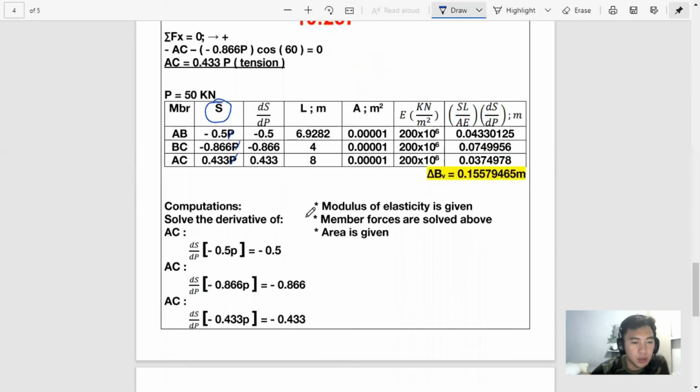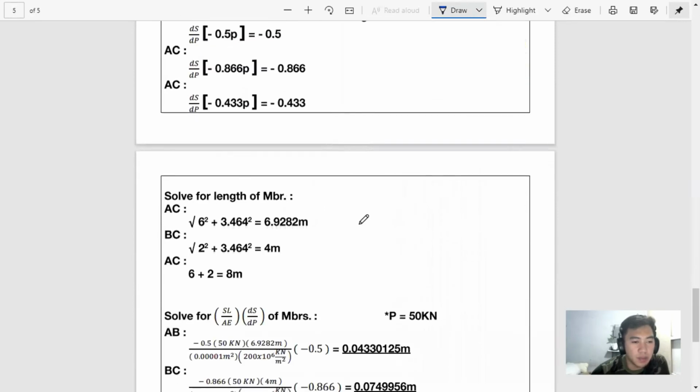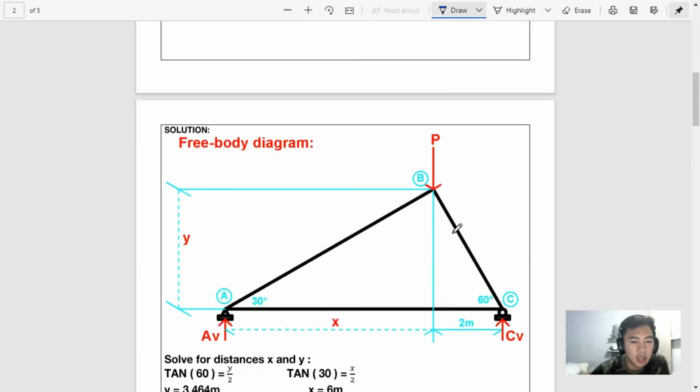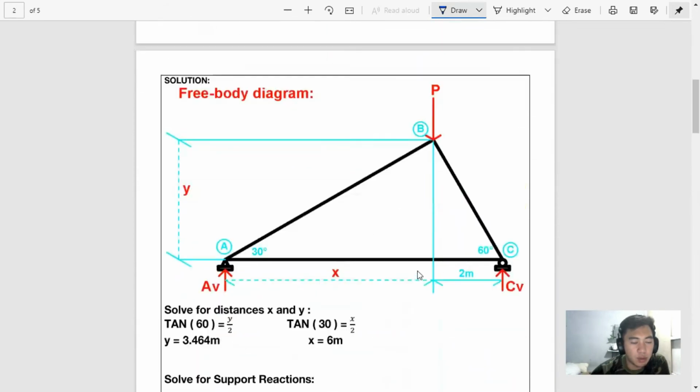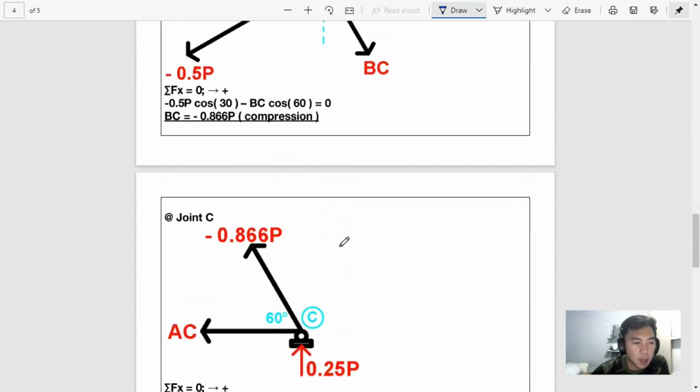What we are going to do is solve it using the Pythagorean theorem, since it is a right triangle. Using the Pythagorean theorem, we can get the hypotenuse, which is AB, and BC.